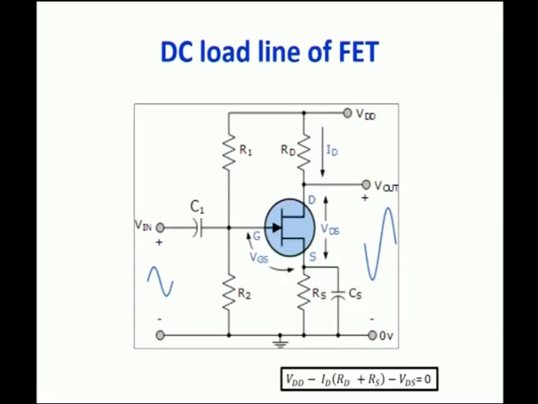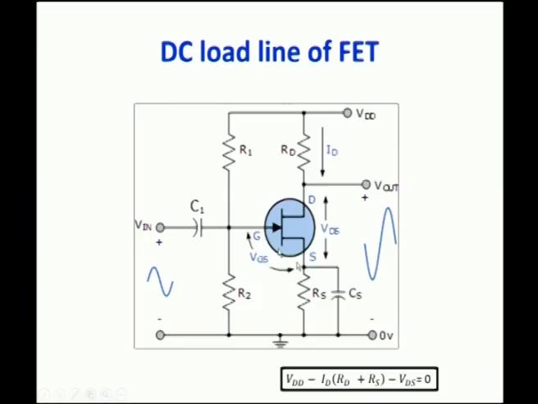And now we are going to see the DC load line of a transistor and the location of the Q point for the field effect transistor. So, here how will you draw the DC load line? DC load line will be drawn in the transfer characteristics of the field effect transistor. So, this is the voltage divider bias given to the FET.